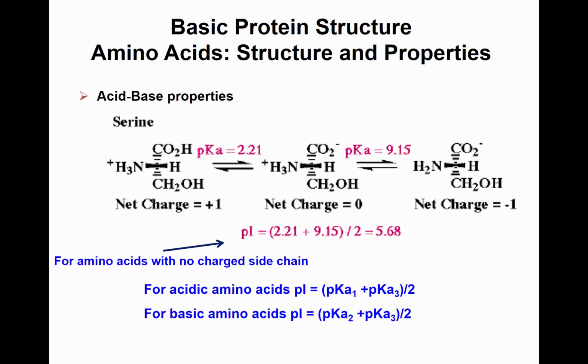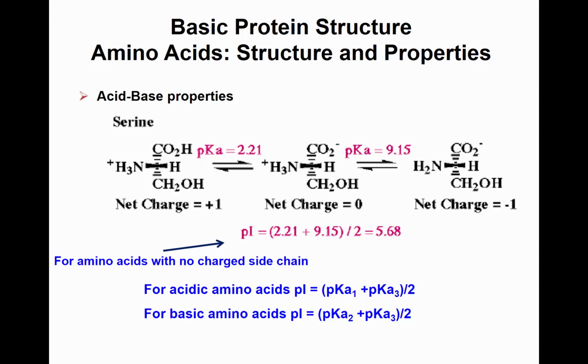How was that calculated? How you calculate pI is you look at pKa1 for the carboxyl group and the pKa2 for the amine group. So let's say for the carboxyl group at 2.2 you have equal COOH amount to COO minus.